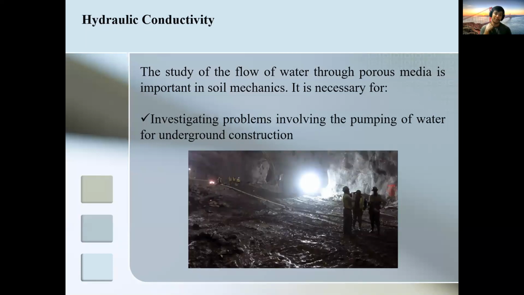Okay, so first is investigating problems involving the pumping of water for underground construction. So not only construction for your foundation, but also for mining purposes. For example, here in the south, those mining companies. If they need to measure the water table, what they need to do is first investigate the level of the water through testing wells or observation wells.